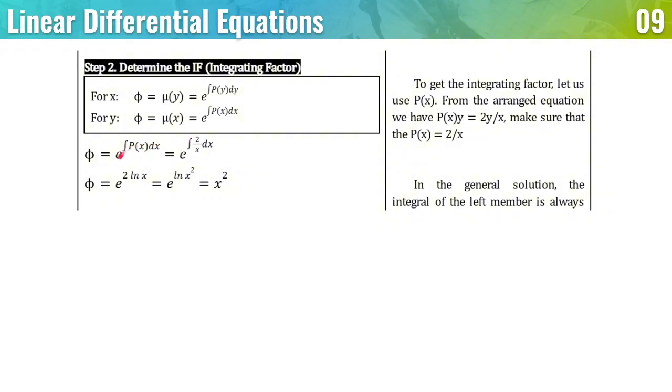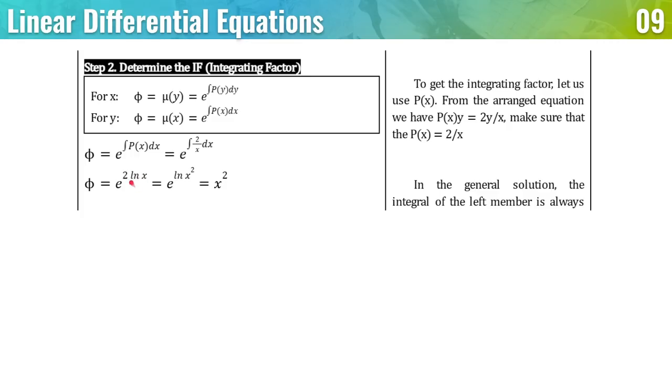So now we have Euler's number raised to the power of integral of p(x) dx. So substitute your p(x) here. It's going to be 2 over x. So this can be rewritten as twice the integral of 1 over x dx, which leads to twice ln x.